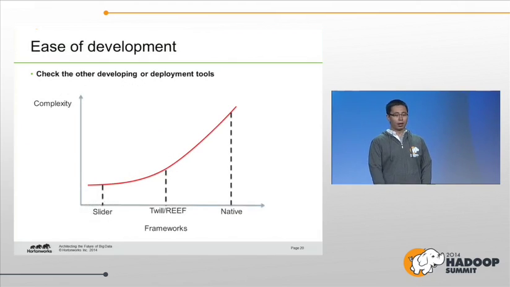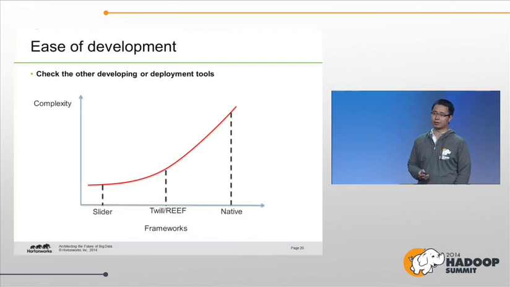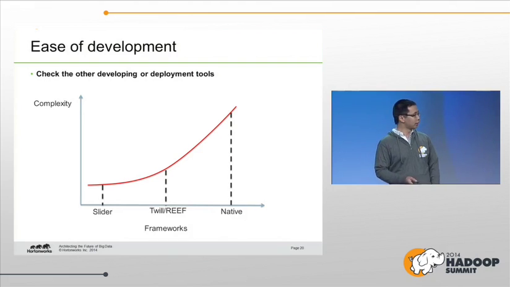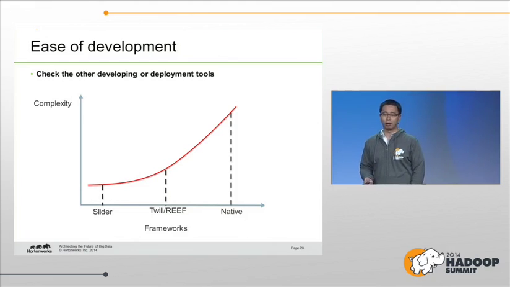If you find your business logic is so unique that you want to write it completely on your own, you still have some other choices. Slider is the one I have already mentioned. With Slider, you can write your own application as you did before and deploy it via Slider to the YARN platform.